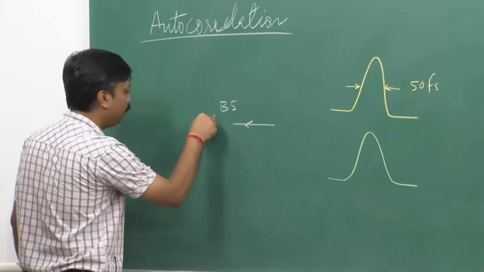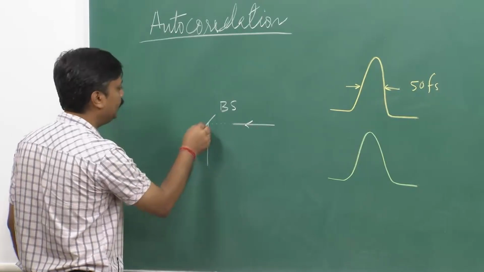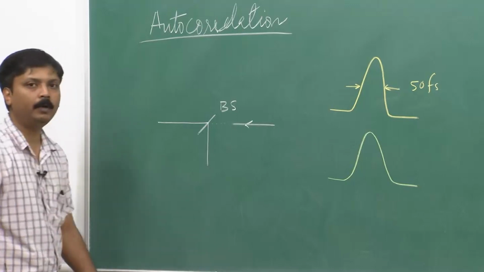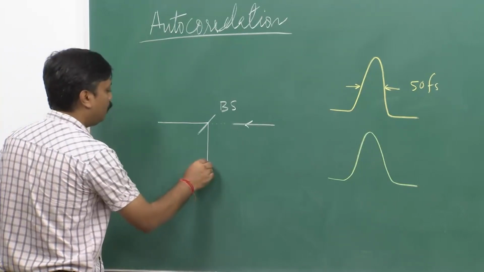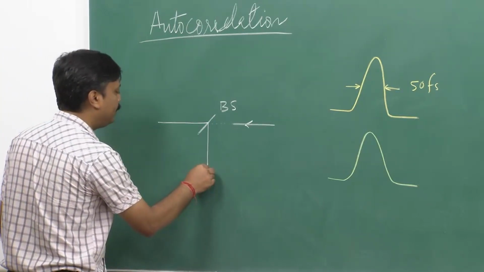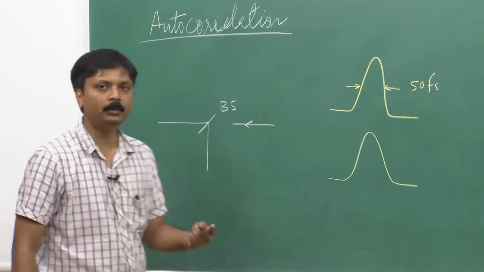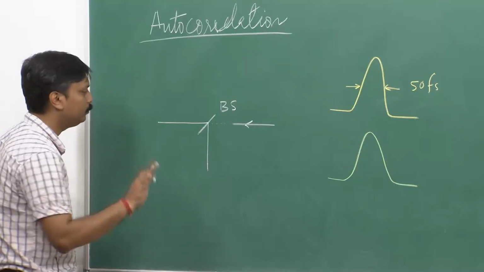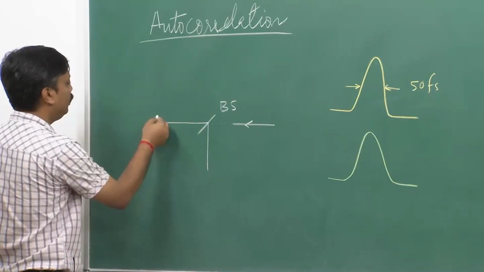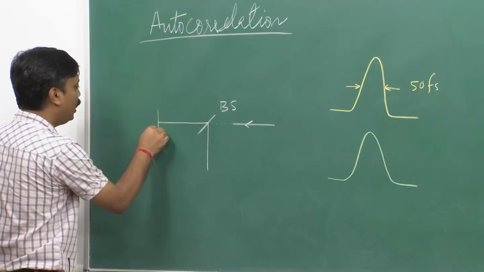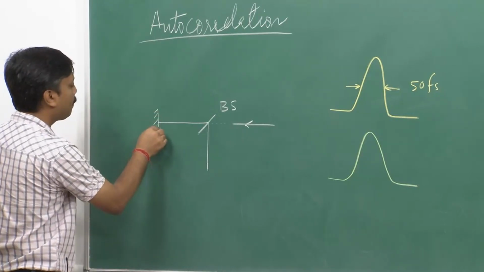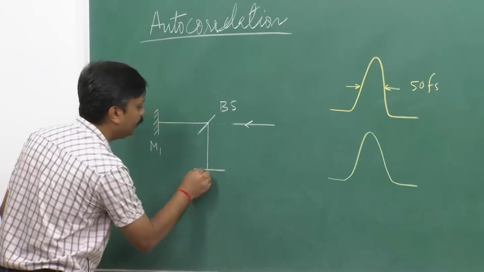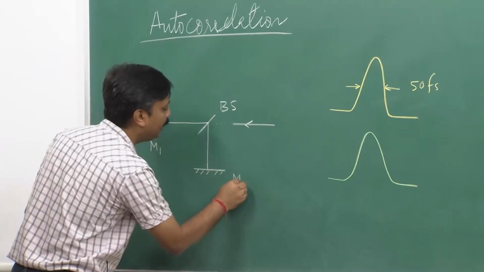This side it will reflect in this direction and 50% will transmit in this direction. All right. So I have created two beams out of a single beam, each having 50% of the intensity. Now, if I put one mirror here, I call it M1, and then I put a second mirror here, let me call it M2.